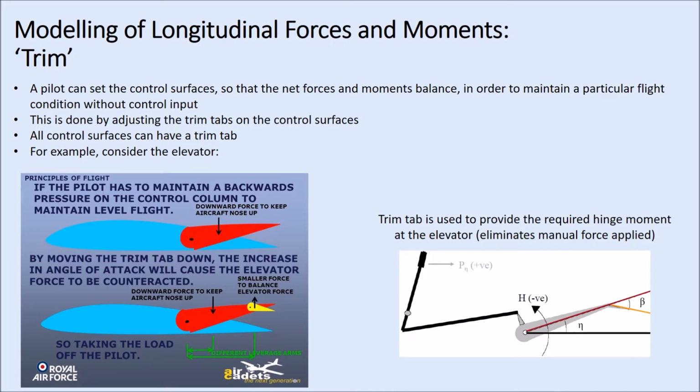So if we take the example of the elevator, let's say the pilot is having to pull back on the stick inside the cockpit in order to maintain a particular elevator angle and therefore maintain a particular flight condition.